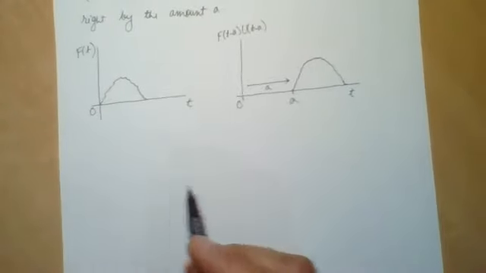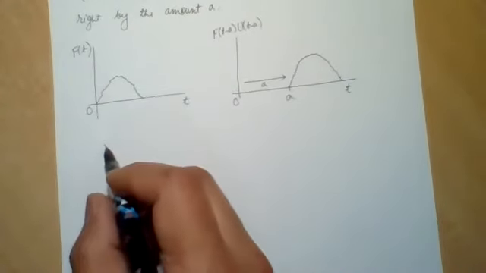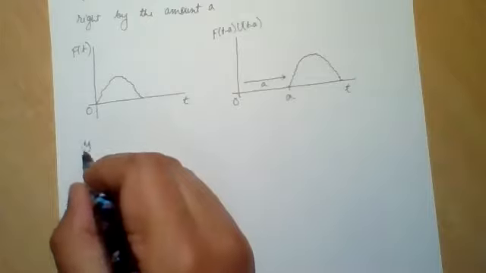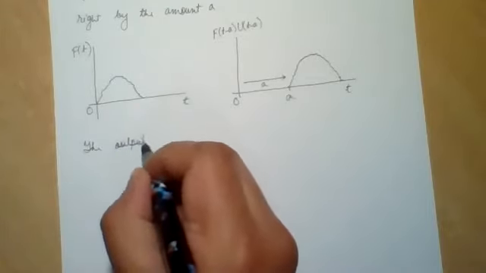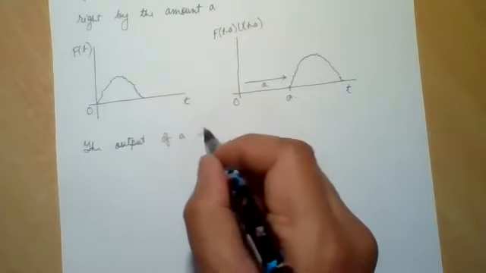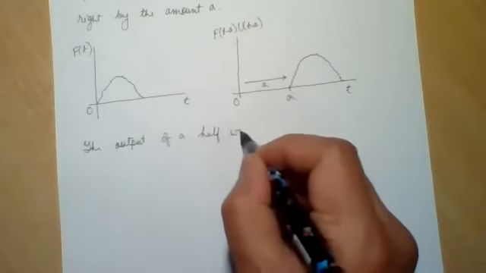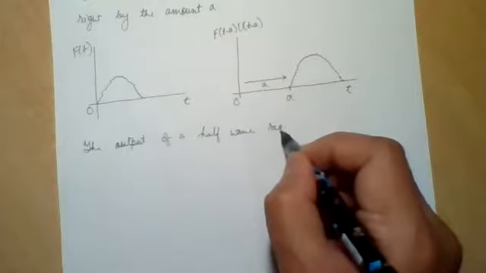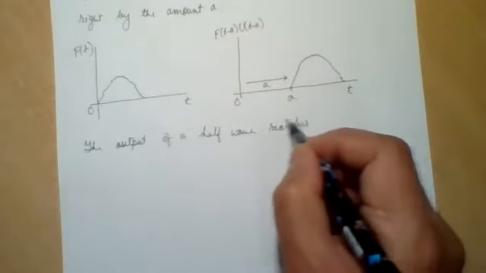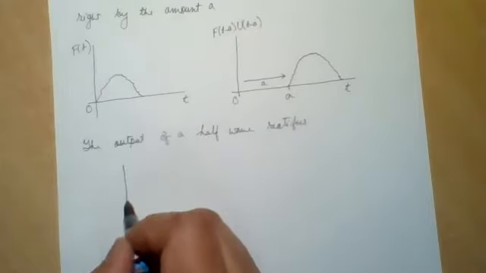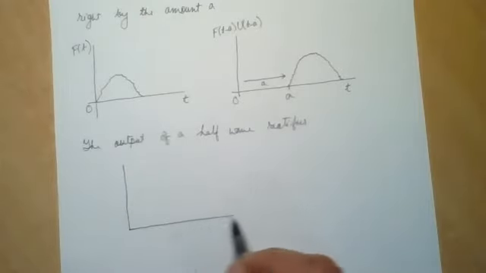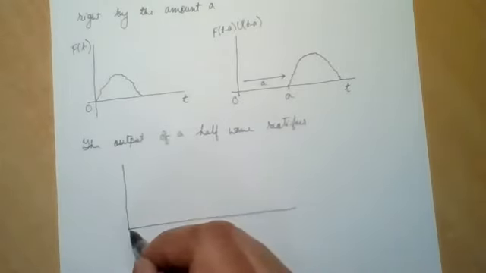As a simple application of this, we can write the output of a half-wave rectifier. The output of a half-wave rectifier, if it is given by this expression, looks like this graph.